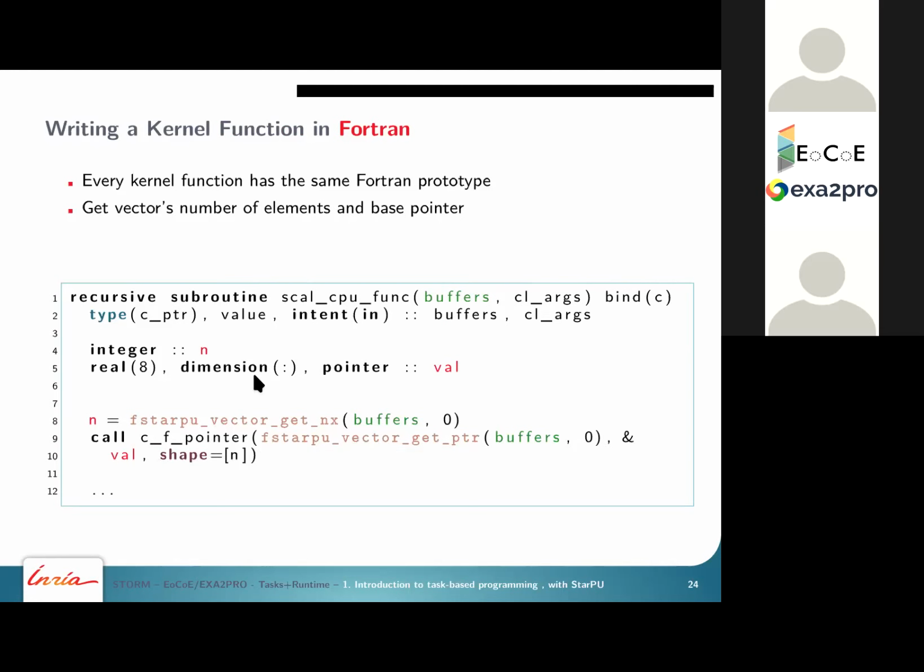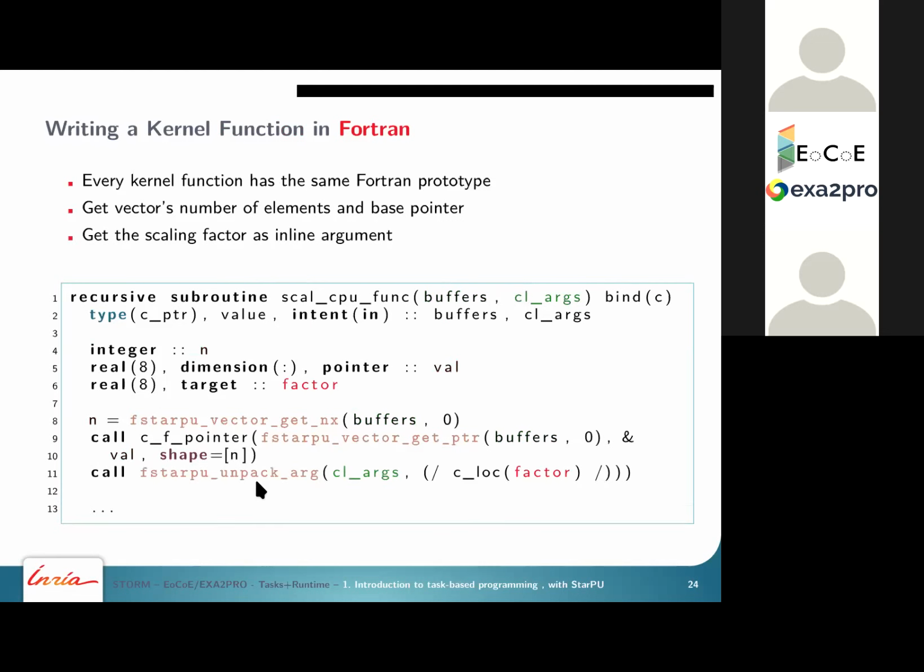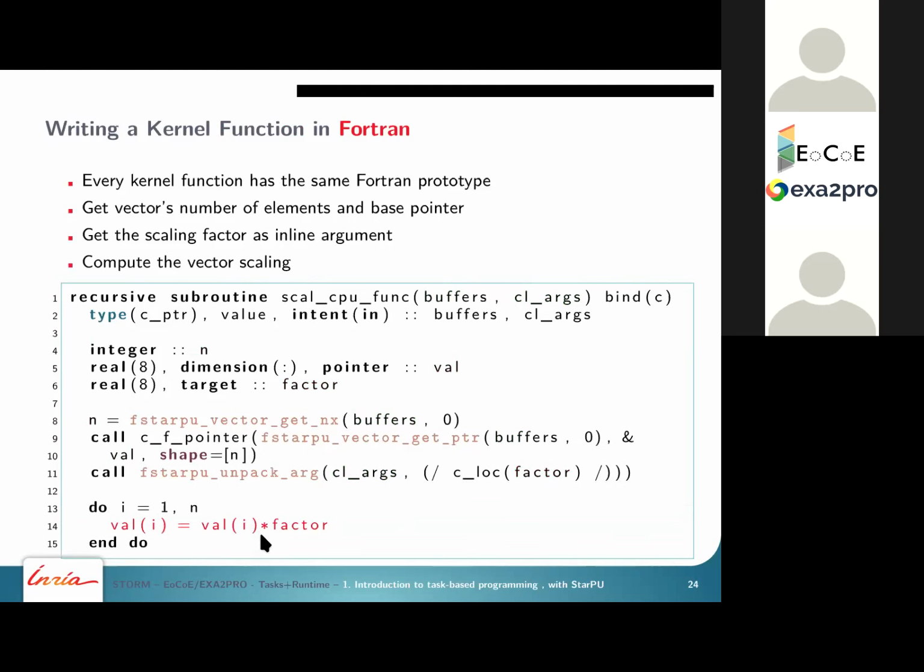So this is a pointer, and you say it is some real. You also specify to Fortran that it has n elements, so you had to get the number of elements before this. And about the factors, you can get its content with an unpack arg function call. And then you can do the scaling as usual.